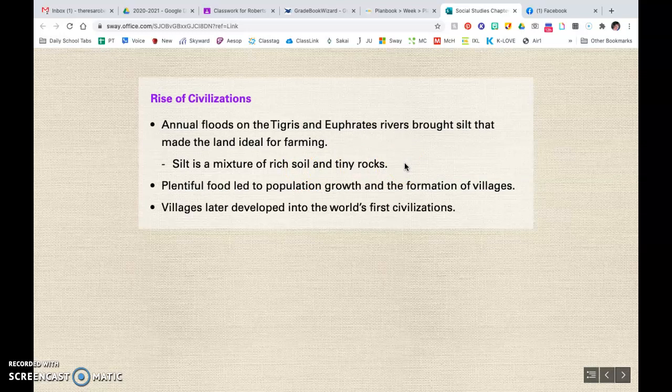We typically think of floods as being a bad thing, and it can be. But it also is what brought life to the Fertile Crescent. So this led to plentiful food, which led to a population growth, which led to the formation of villages. And then, as we talked about earlier, the villages later developed into the world's first civilizations.